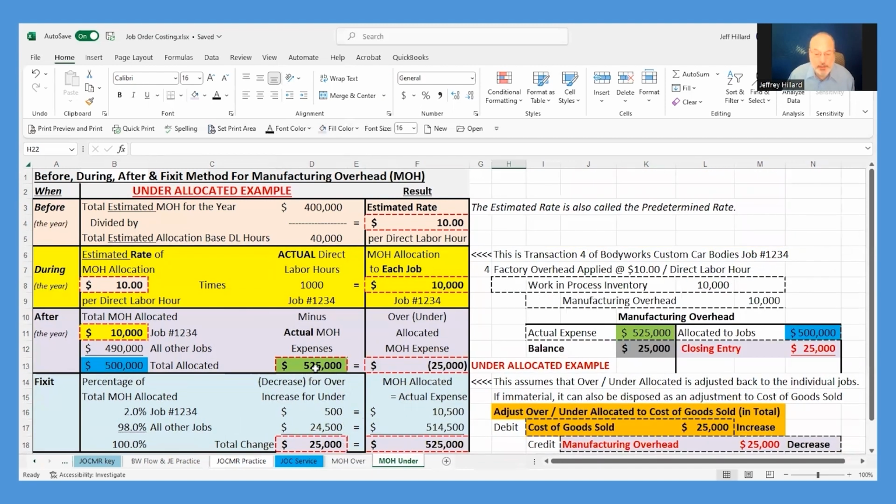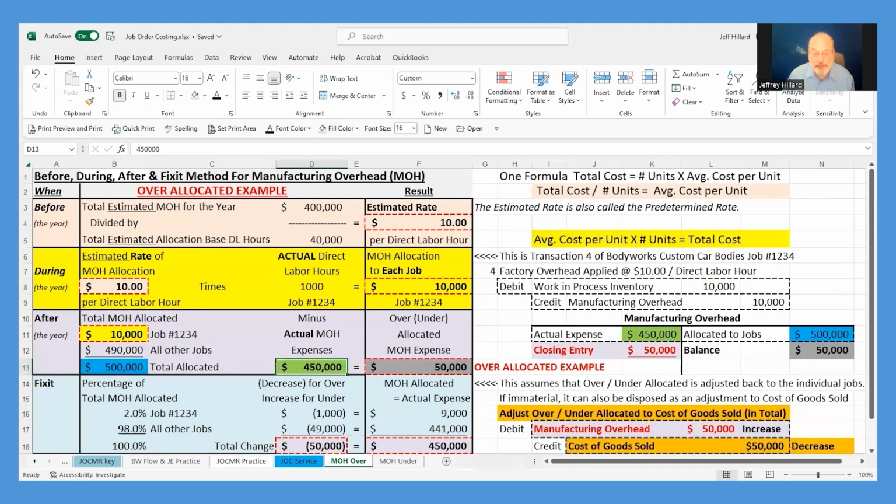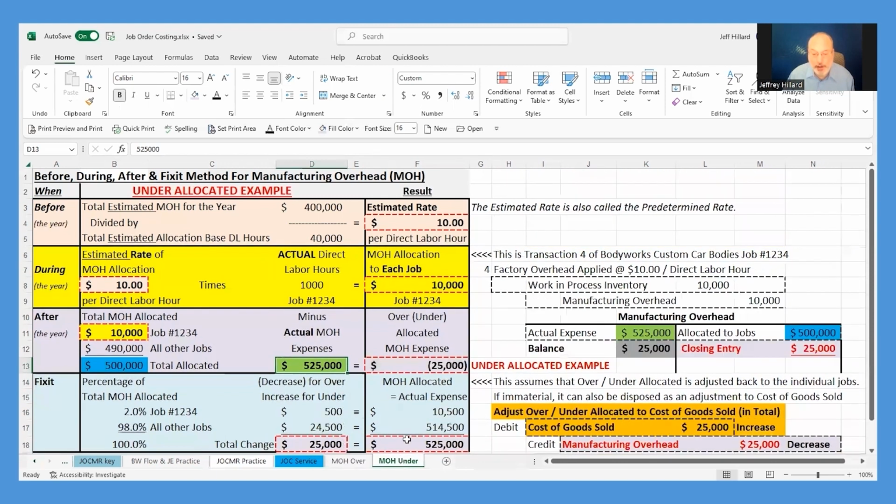Everything in this example is exactly the same, except instead of our actual expense being $450,000 here in green, our actual expenses came in at $525,000. In this case, our total allocated was 500,000 again, but we would have a debit balance, which means we were under allocated in this example.